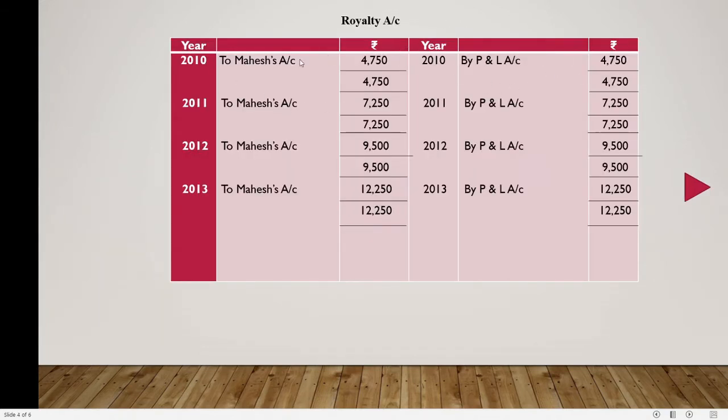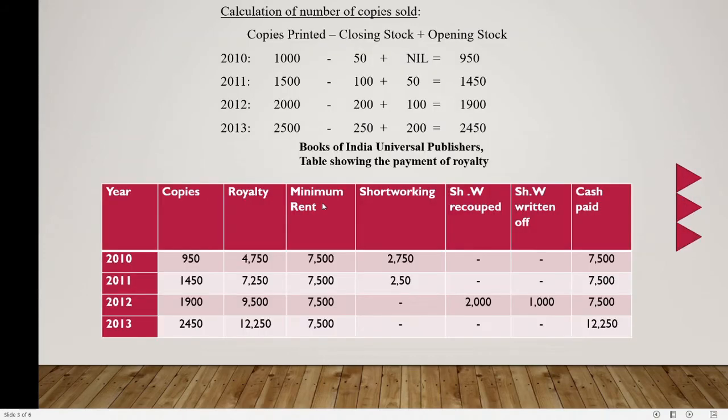Now let us prepare royalty account. For royalty due, royalty account debtor to lessors account. So on the debit side of royalty account, to Mahesh account 4,750 royalty.